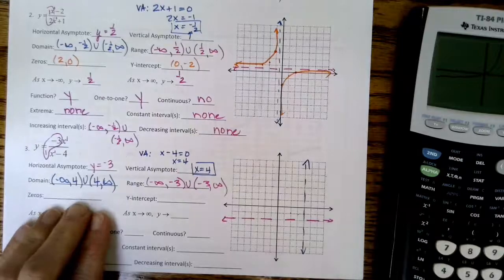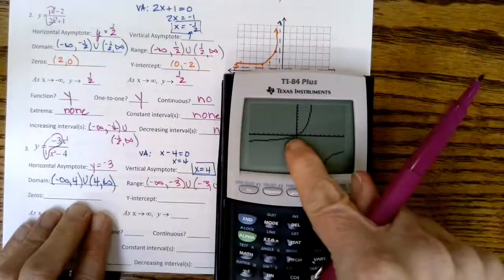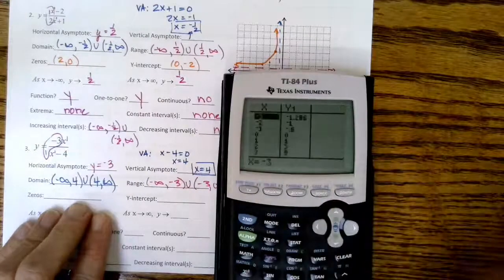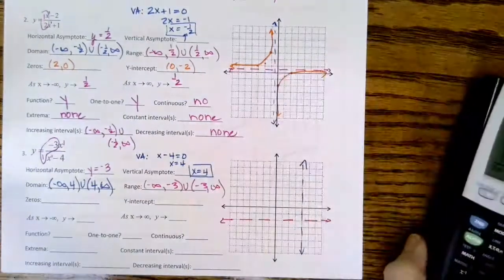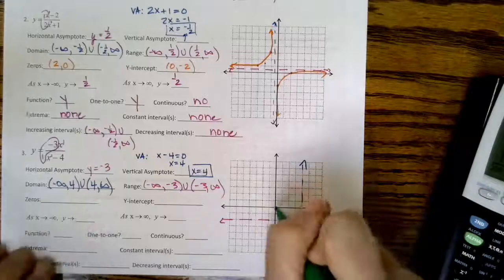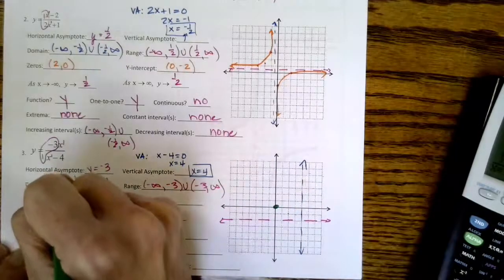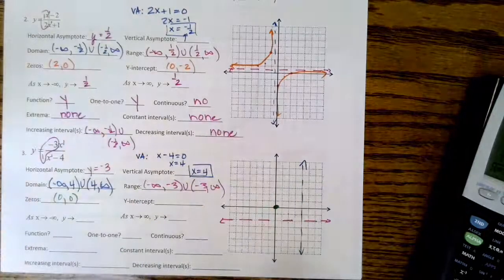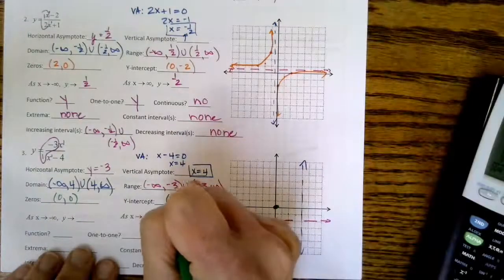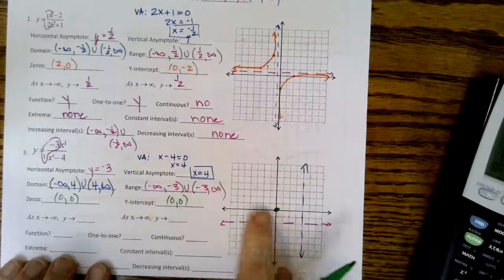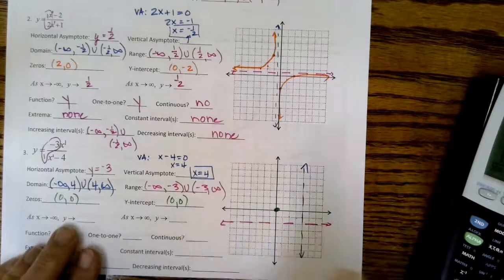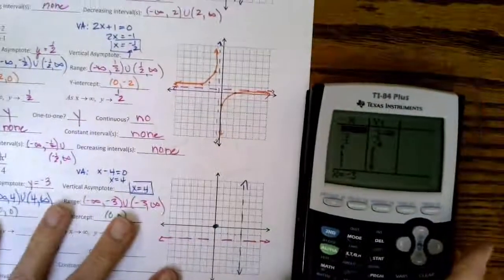When I'm looking at my zeros, it looks like I have 0, 0 as my x and y intercept. So we'll make sure that we graph that and recognize that 0, 0 is our x and our y intercept. As x approaches negative infinity, let's finish graphing.